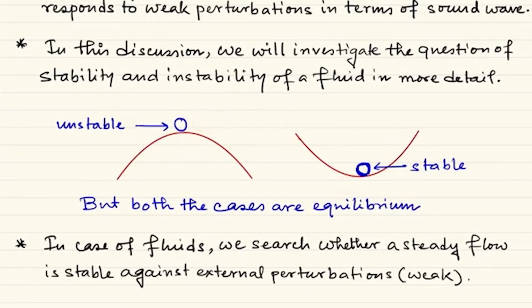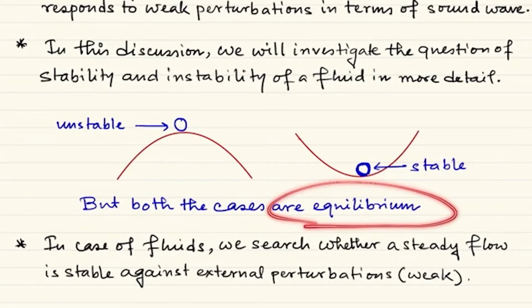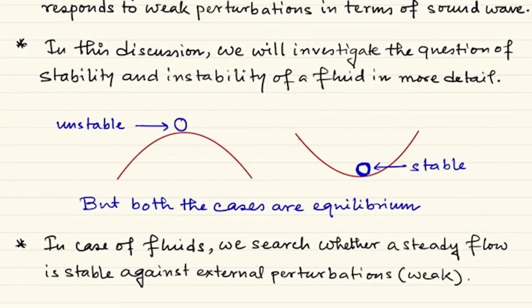But really, do the two cases correspond to the same type of mechanical state? Both of them are equilibrium conditions, that's true, because the total force is vanishing. Now the question is whether they correspond to the same type of equilibrium. Well, the answer is no.